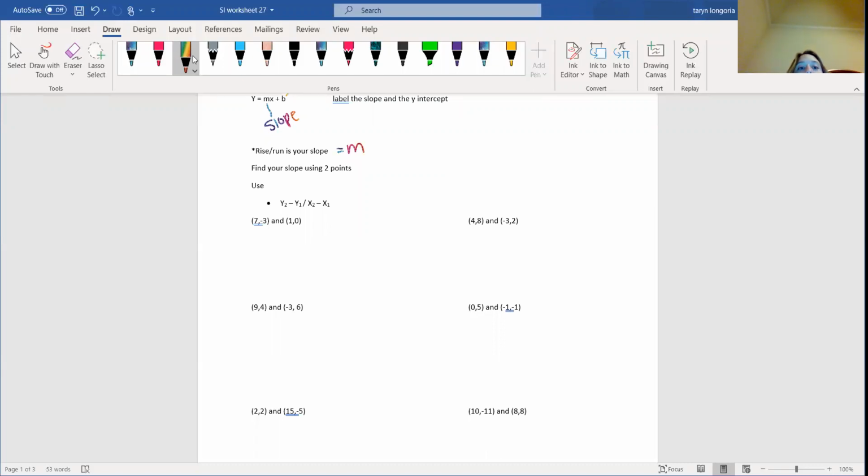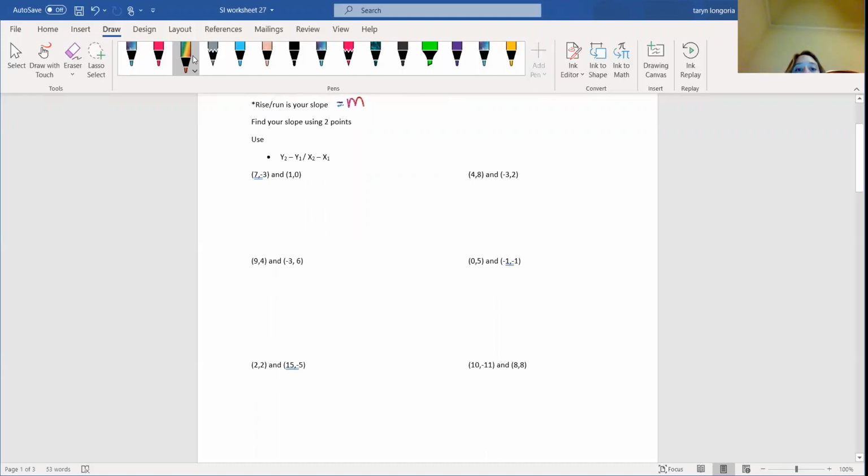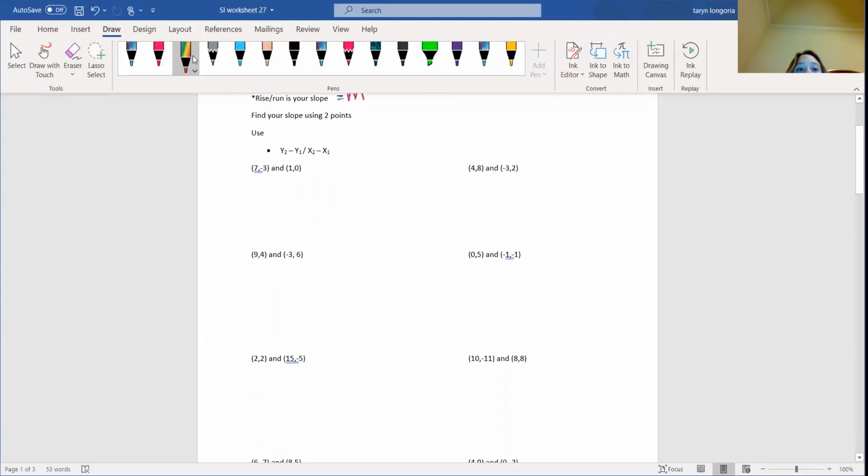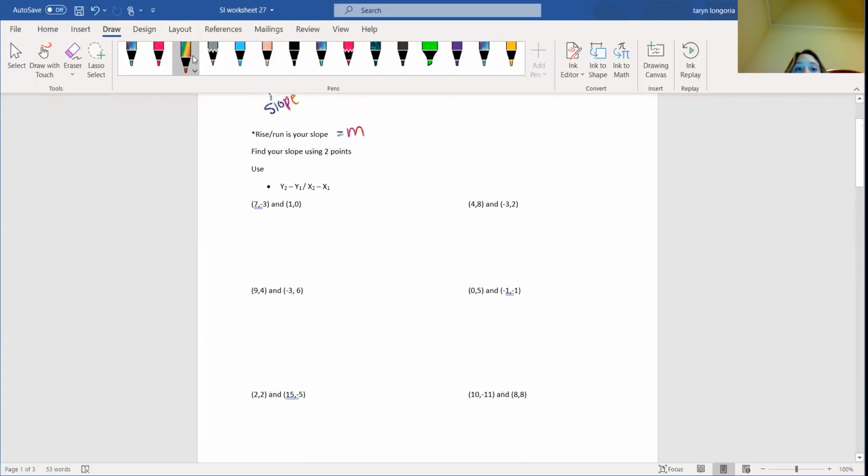Now for the third part of the notes, Miss G just went over using 2 points to find your slope, and I have some of those here, so I'll go over each one. You're going to use y2 minus y1 over x2 minus x1.